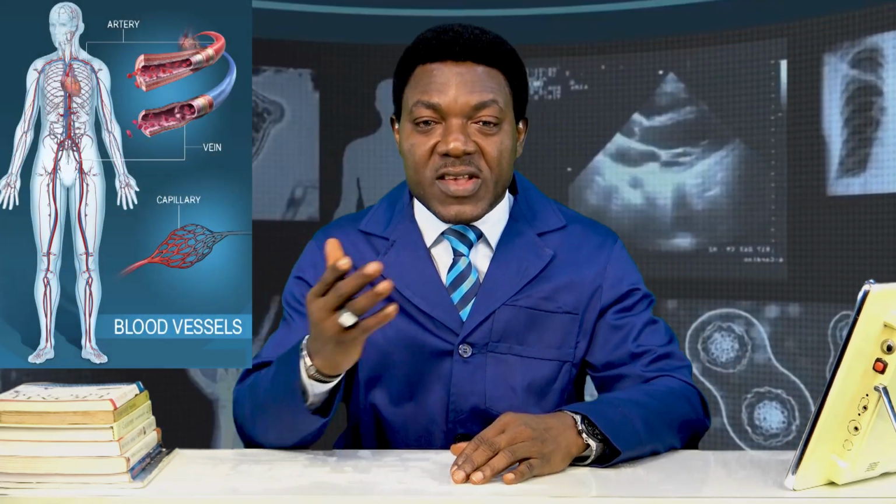Let me explain further. Your body contains about 60,000 miles of blood vessels. Yes, 60,000 miles. Now, let's convert 60,000 miles to meters for the sake of those who may not understand miles measurements. If you convert 60,000 miles to meters, it will give you 96,560,640 meters, right?